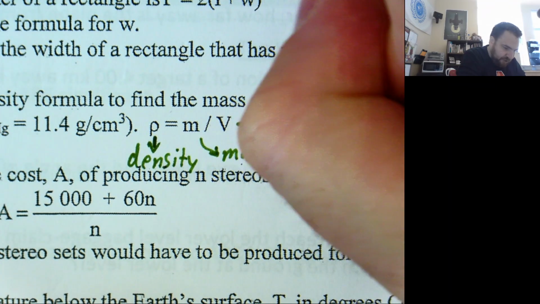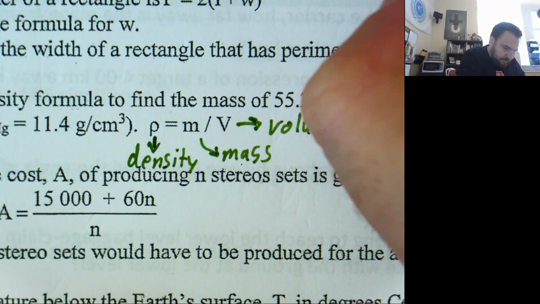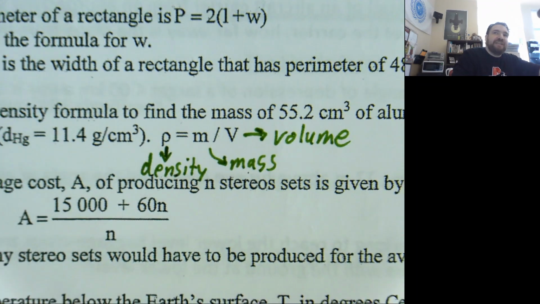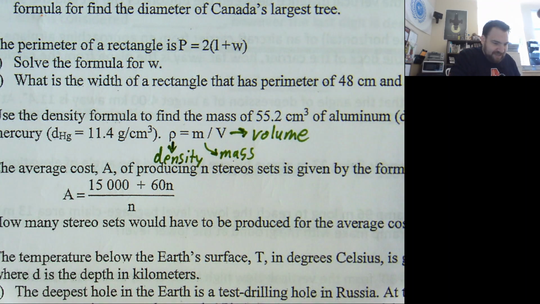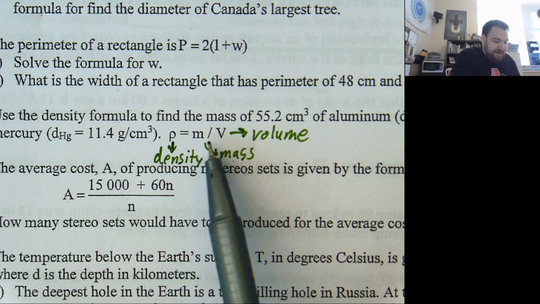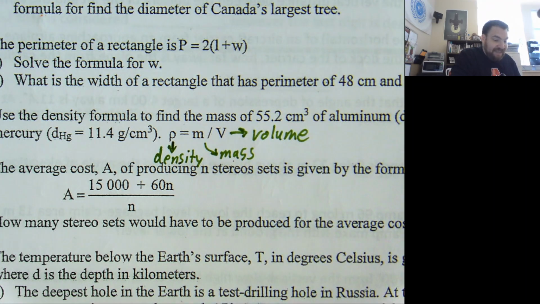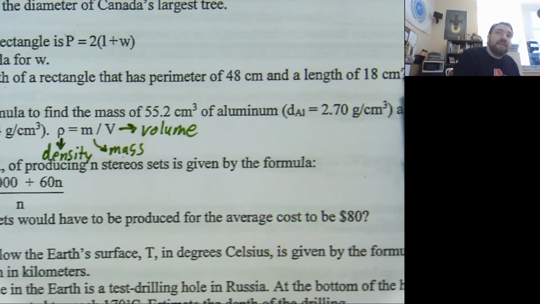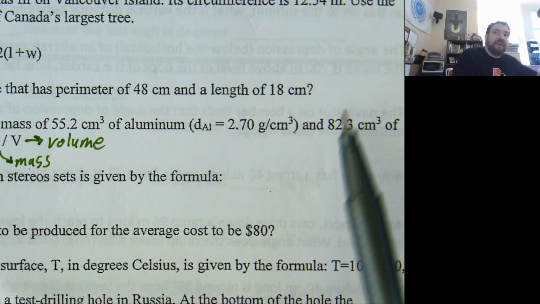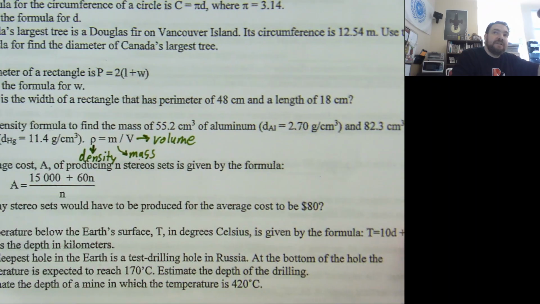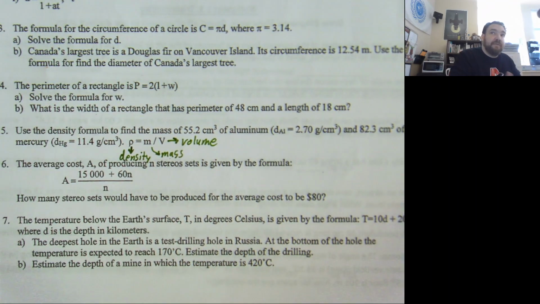And big V is volume. That question gives you the volume of the can, the density of the aluminum, and the density of mercury. So it wants you to use this formula to find the mass of that volume of aluminum and that volume of mercury, given their different densities. There are 2 questions there in question 5.